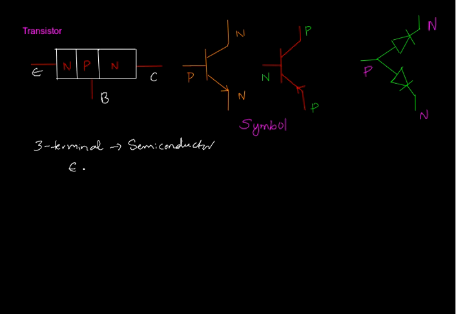So the emitter is heavily doped, and the base is lightly doped, whereas the collector is moderately doped.